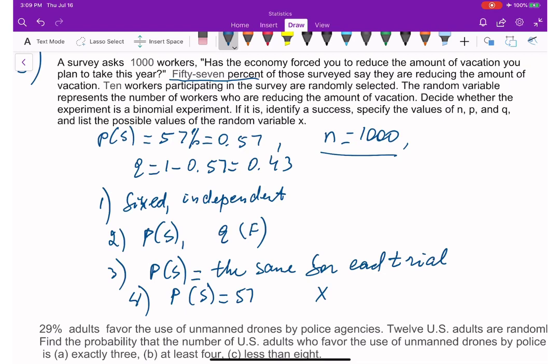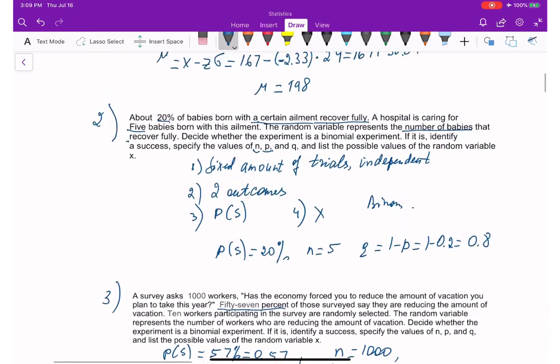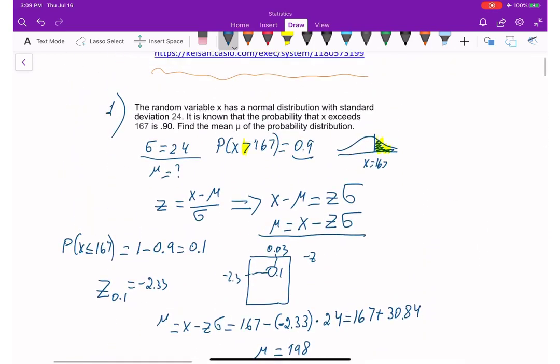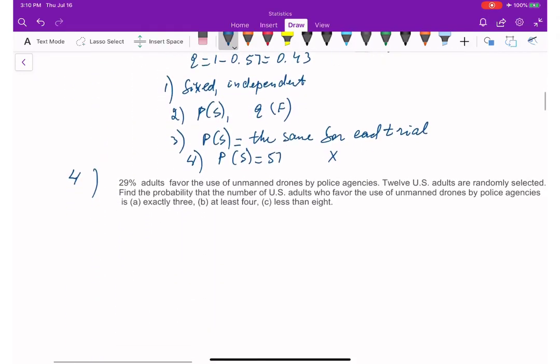So we have to do a calculation, but we have a steady probability of successful trials from one trial to another. So it is a binomial distribution. By the way, this is question 1, question 2, question 3. Okay, let's move to question 4.